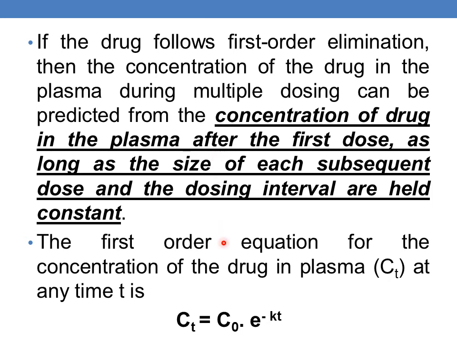And the first order equation for the concentration of the drug in plasma, Ct, at any given time is given by Ct equals C naught into e to the power of minus Kt. I repeat, this is the first order equation: Ct equals C naught, which is nothing but the dose, into e to the power of minus Kt.